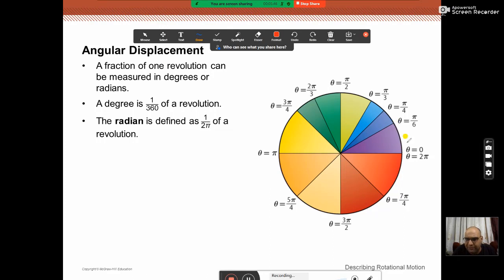We can divide it into different sizes, such as pi over 6, or find the total angle of the circle, which is 2 pi. Pi here is equal to 180, so 2 pi will be 360.